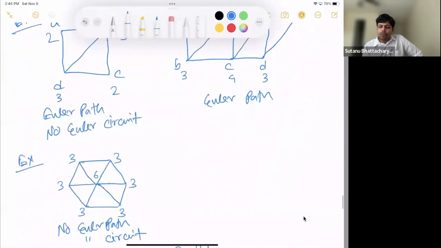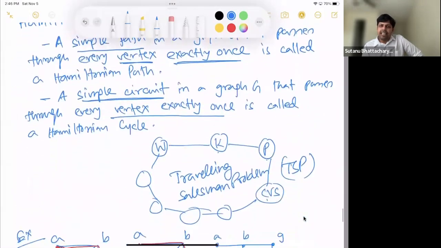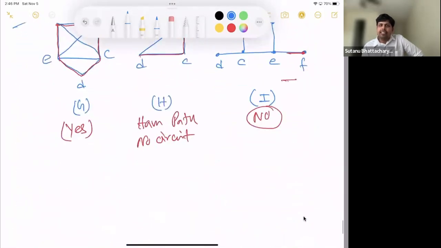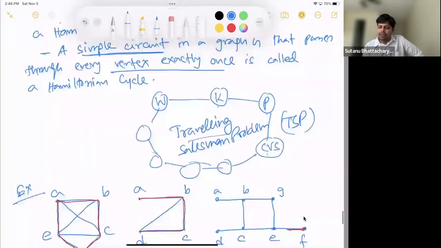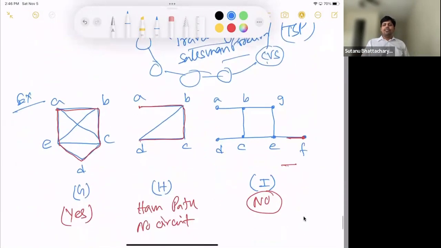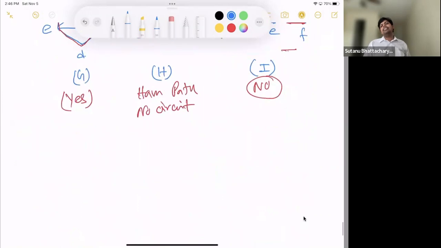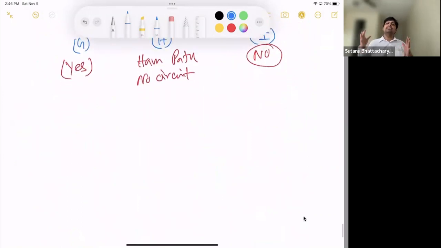But how to check whether there exists a Hamiltonian cycle, there is no easy or efficient solution that exists till today. That's why I said this traveling salesman problem is very hard, one of the hardest problems. So there is no efficient solution to say whether a graph has any Hamiltonian circuit or Hamiltonian path or not.